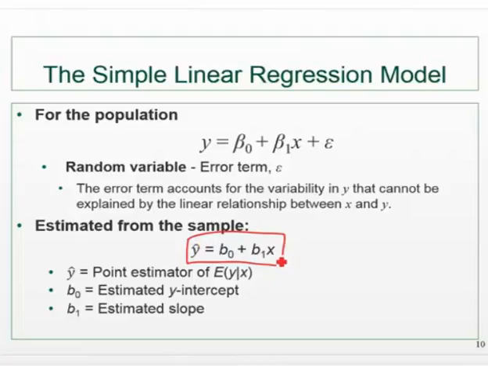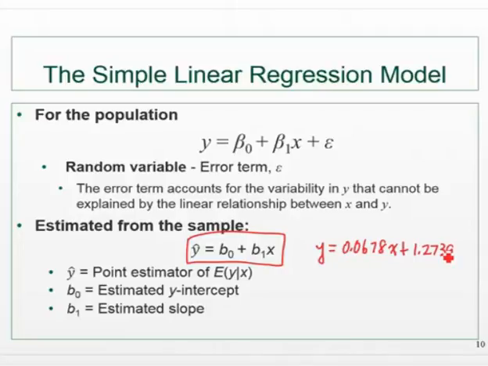In this case, it was 0.0678x plus, and what was it? 1.2739. Aha. Okay. Thank you. So that's our estimated regression.